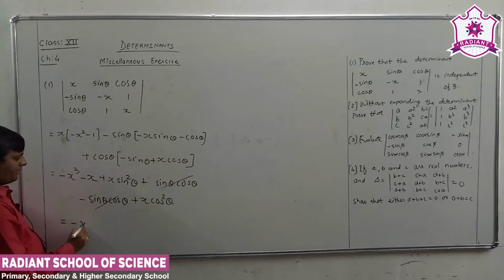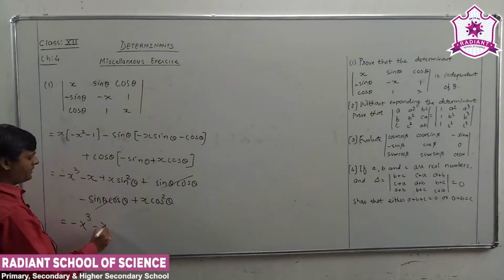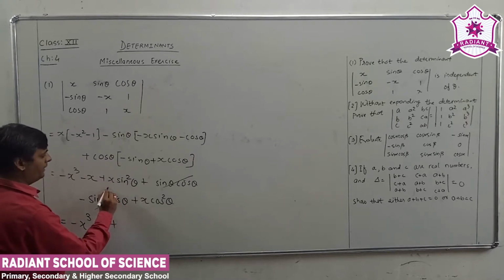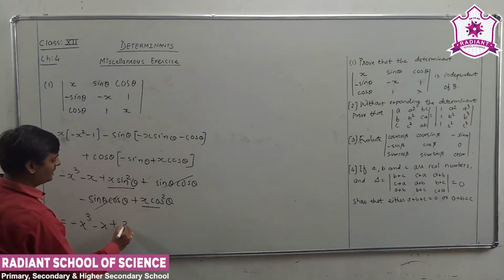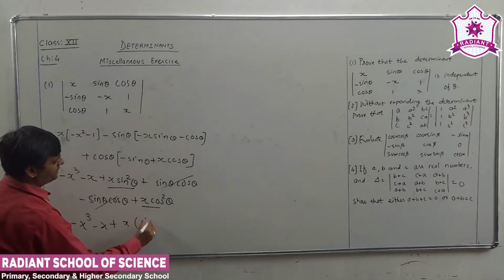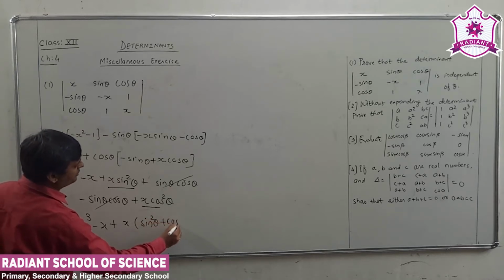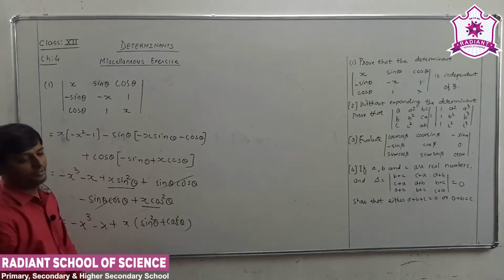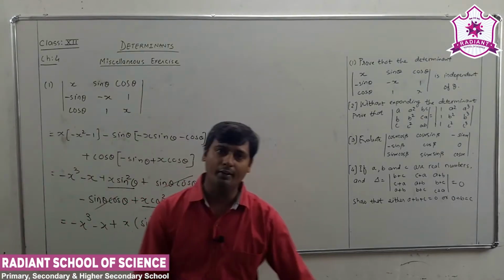So minus x cube minus x plus, and this x is common, so we have sin square theta plus cos square theta, which is 1.